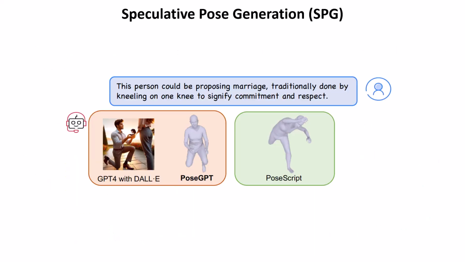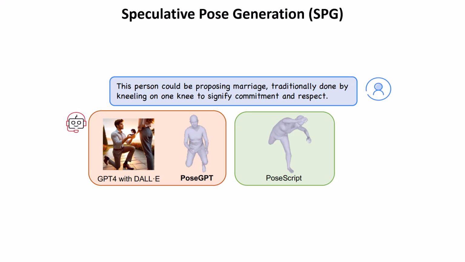And what about the result? We can have this prompt that the person could be proposing marriage, traditionally done by kneeling on the knee to signify commitment and respect. We can see that GPT-4 with DALL-E can successfully generate an image in a completely different modality that is exactly what we want.